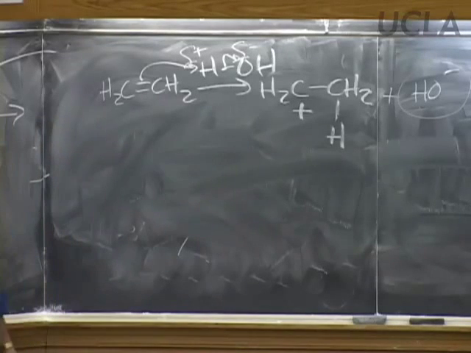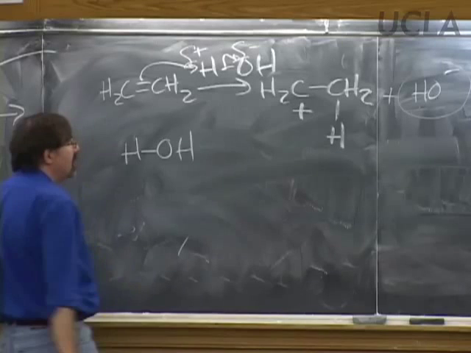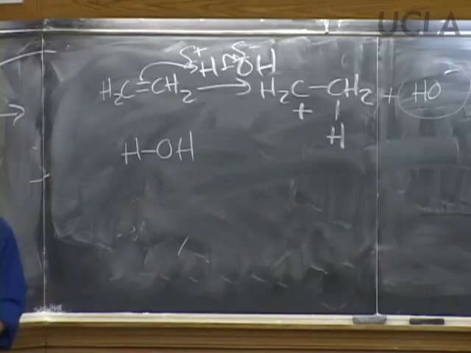Nonetheless, if that's the issue, how can I make it better? What can I do to water to enhance its electrophilicity, to make the part that goes away easier to go away? We've done this before. Protonate it.